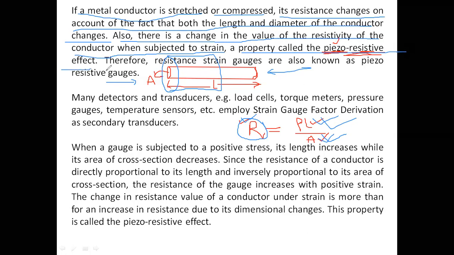Means when a material is subjected to stress, then the material will strain. Due to this, what is happening? Resistance is increasing or decreasing depending upon the magnitude of L and A. So resistance changes.